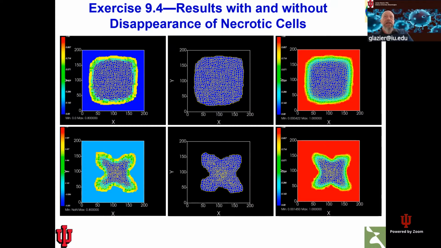But if you have the nutrients supplied by the medium, so the medium secretes nutrient, then as the tumor grows, the amount of nutrient available goes down. And so then you'll reach an equilibrium where the available nutrient balances the consumption by the tumor and the growth will stop. Now you can get oscillations if you're not careful with that, where the tumor will overgrow and then shrink and then overgrow and shrink.